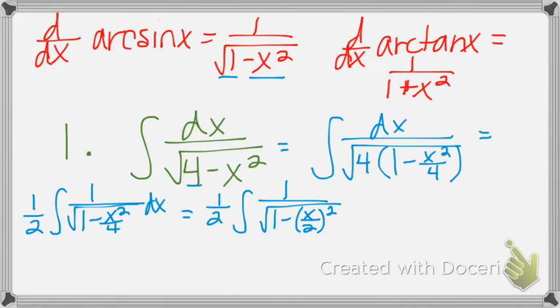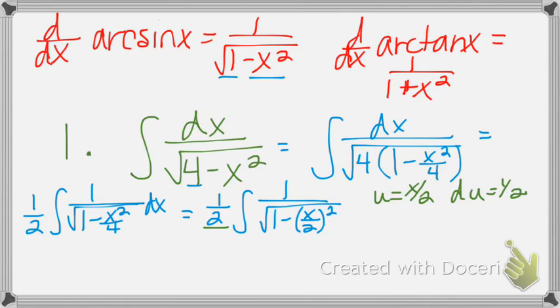Now, to finish solving it, you technically have to do a u substitution, because it's not just an x squared, it's an x over 2 squared. So you're letting u be x over 2, du is 1/2, and nicely we already have the 1/2. I know it's on the outside, but as long as it's there, we're good.